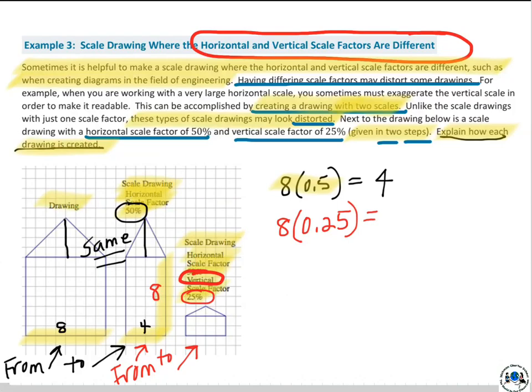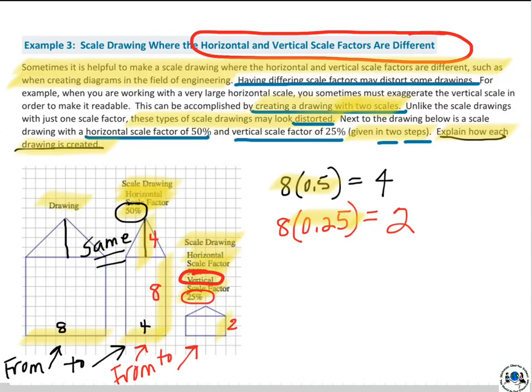We take a vertical measurement, and that vertical measurement is 8. So we have 8 high. We apply a scale factor of 25%, which is 0.25, because that's what's been asked for. And we get a height of 2.